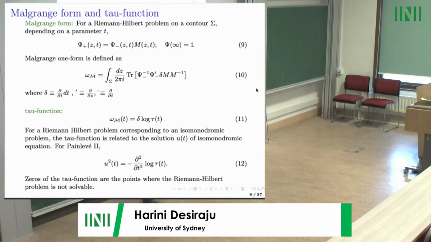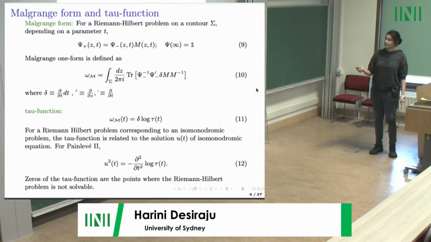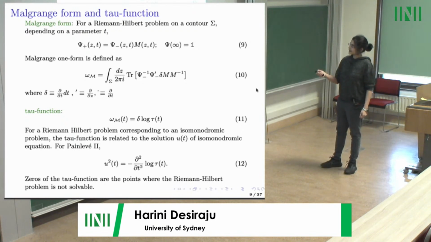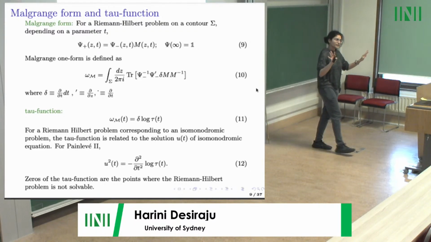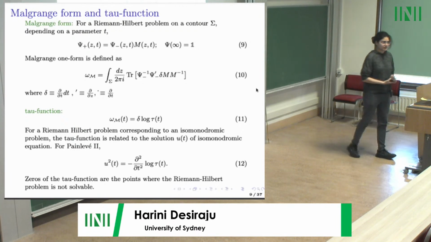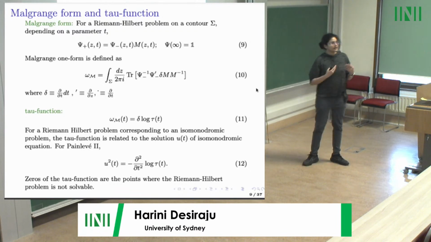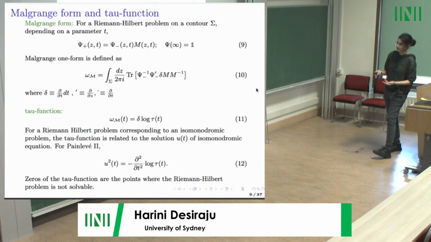This map is not invertible where you have zeros of the tau function. So it picks out exactly the points of this map. It also happens that when this is 0, those are the poles of the solution. So when you saw all the tritronquée solutions and so on, what I'm thinking about is really zeros of the tau function. And since zeros are analytically easier to study than poles, that's one more reason to think about things in terms of tau functions and not the solutions.